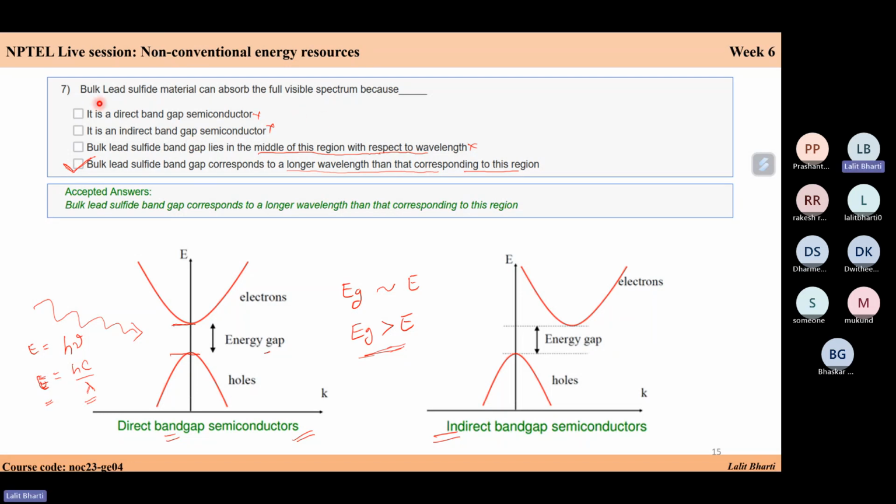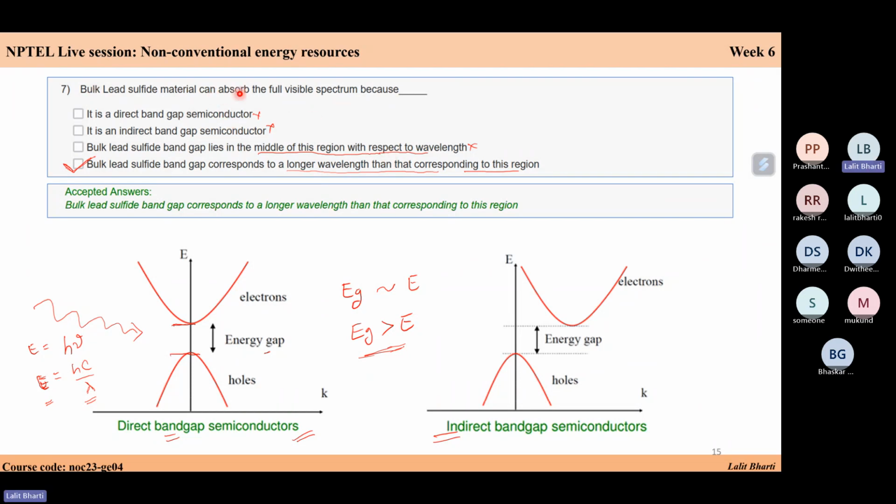But the statement is, yes, it is direct band gap or indirect band gap, but the statement is why the lead sulfide material can absorb the full visible spectrum. So being direct is not the reason for absorbing the spectrum. That is correct that it is a direct band gap semiconductor, but it is not the reason for the statement.